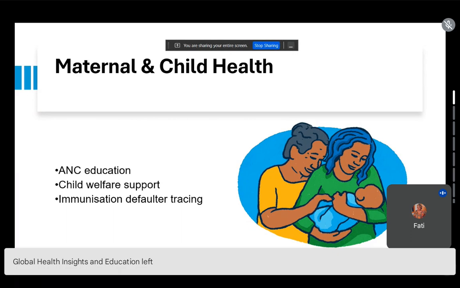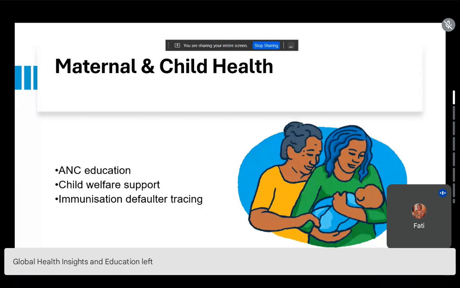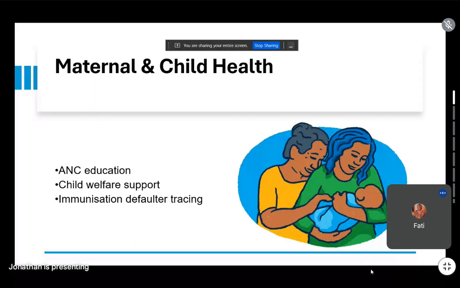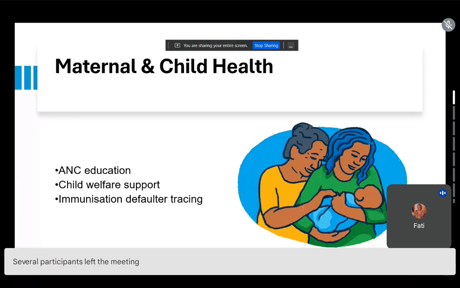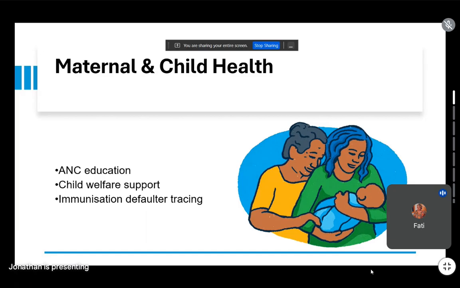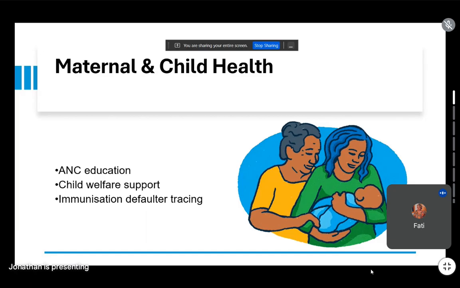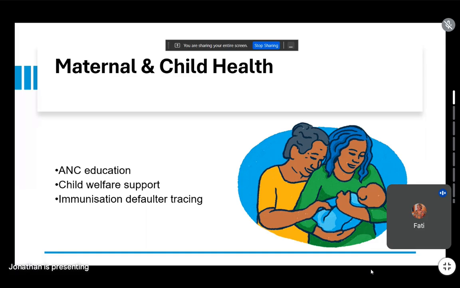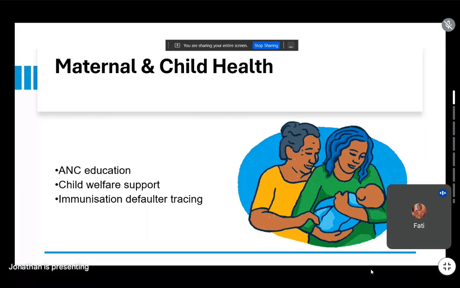Sometimes mothers will even forget that they are supposed to go to the clinic, busy with certain things. So one of the things you do is find a way of reminding them. Supporting child welfare clinics by mobilizing them, finding defaulters, making sure that they come for the clinic.